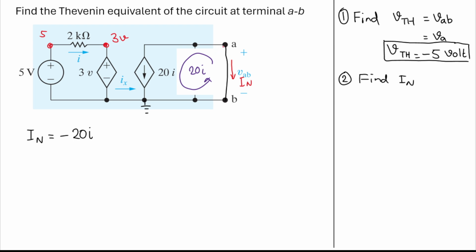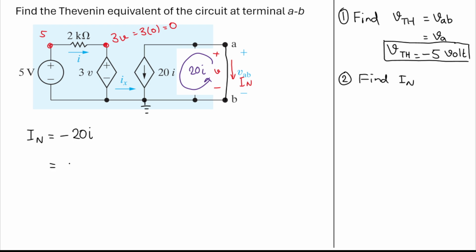However, what is V? V is shorted here, right? So V was here, but it is shorted to the ground. We know that the voltage here will be 0, right? So we will have 3 multiplied by 0. That will be 0. Good.